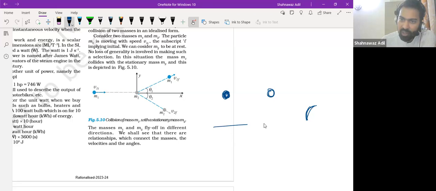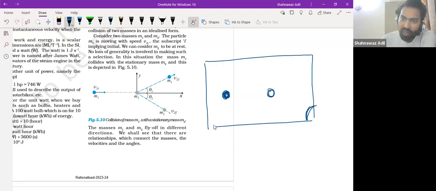This is a billiard table, and you have this cue ball at this angle, which is theta. This is the target ball.